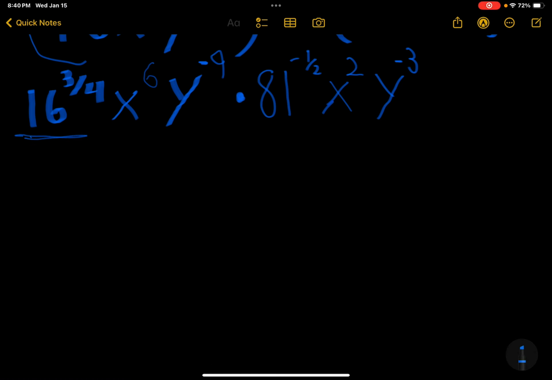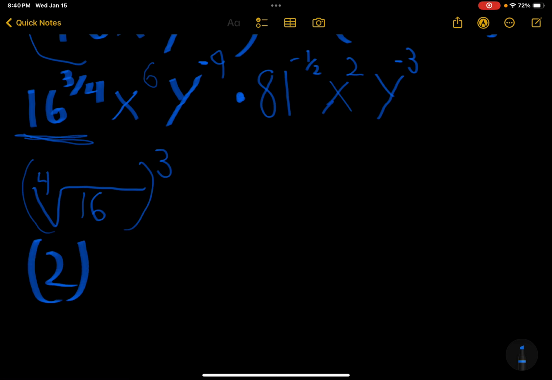So I'll put the 16 in the radicand, put the 4 in the index, 3 up here, and what multiplied by itself 4 times equals 16? It's 2. So we got 2 to the power of 3, which is 2 times 2 is 4, 4 times 2 is 8. So that equals 8.